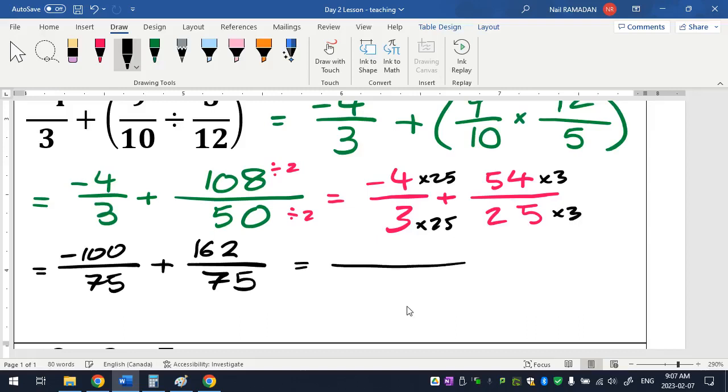Okay, what's gaining $162 and then losing $100 out of them? How much do you still have on you? 62 bucks. Guess what? 62 only divides 1, 2, 31, and 62. 75 does not divide anything combined with that but 1. We are done.